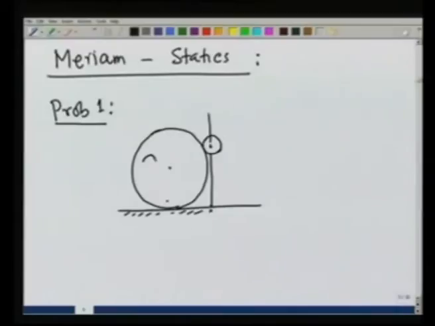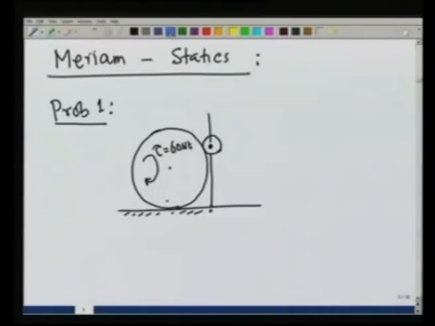We apply a torque tau equal to 60 newton meters on the wheel, such that the wheel does not move. We want to find what is the force applied by the wheel on this support.